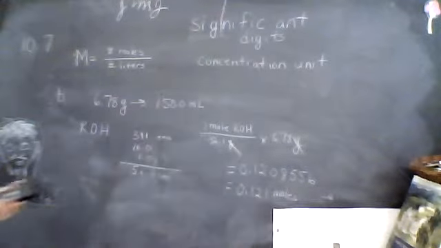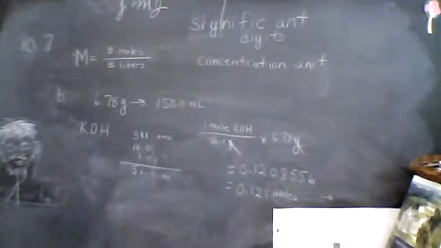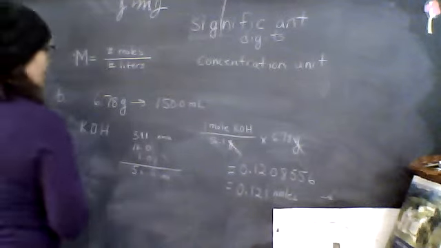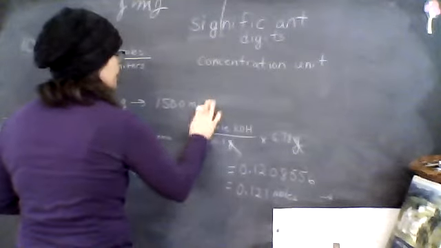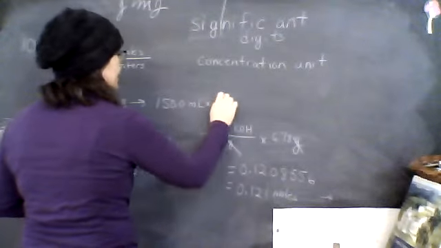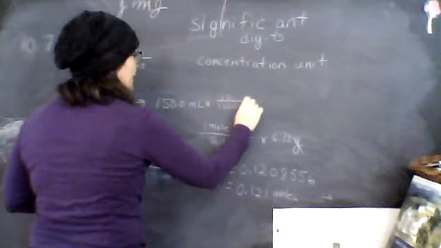So now we have 0.121 moles, and we know how much volume we have, how many liters. No, we don't. We have it in milliliters again. So let's convert that. We're going to multiply that by 1 liter per 1,000 milliliters.